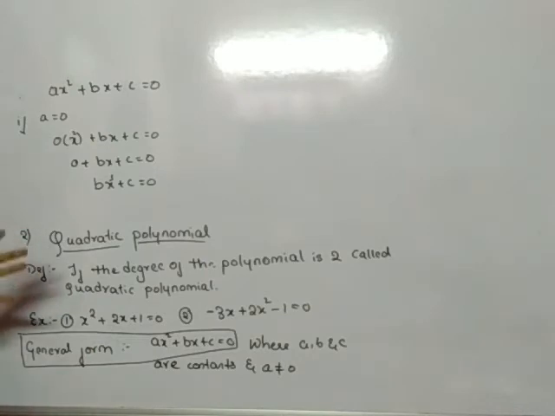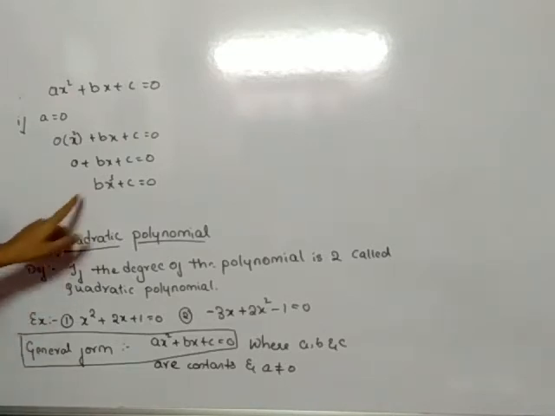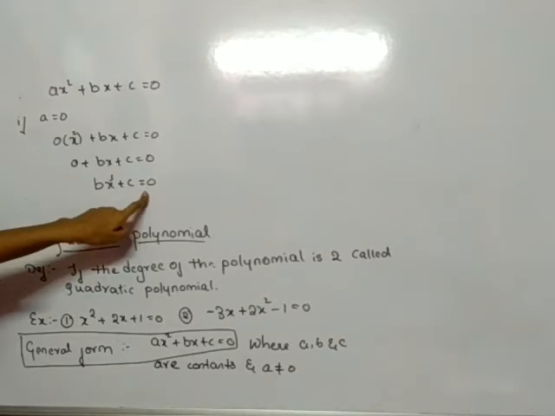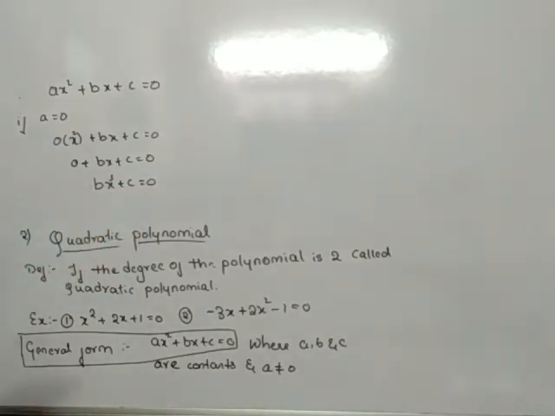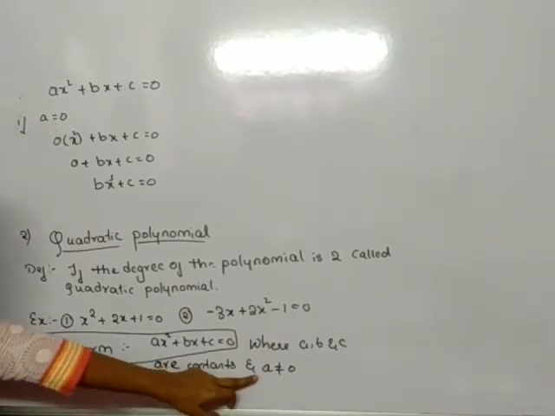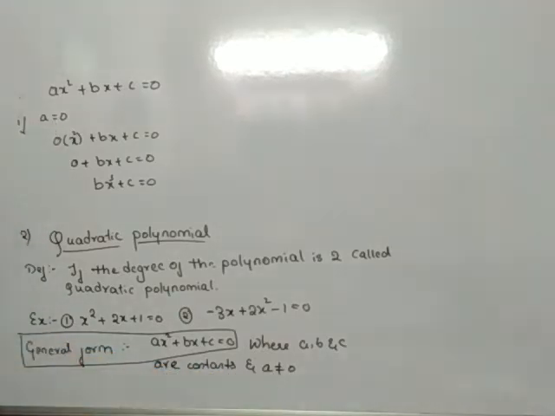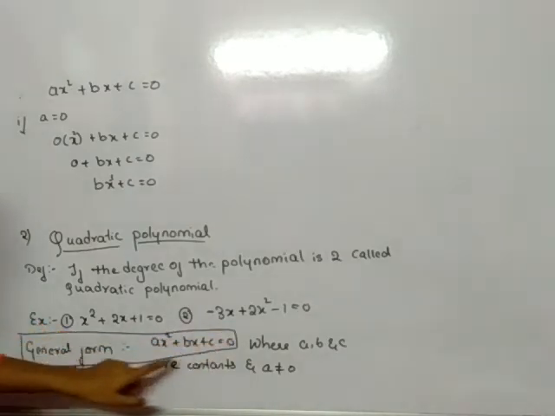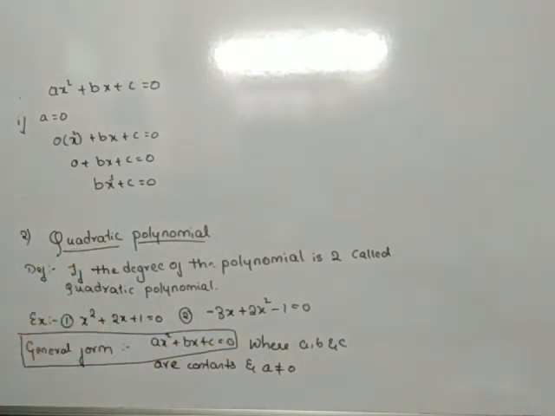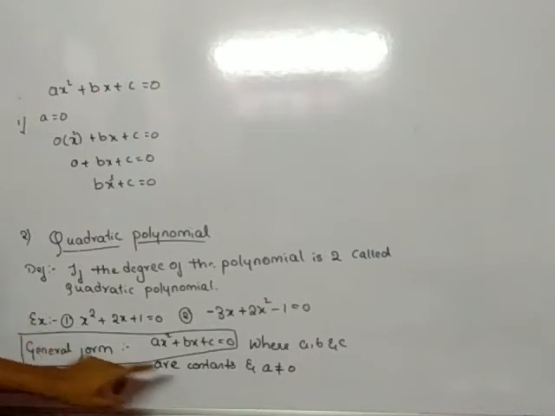If the degree of the variable is 1, then such polynomials are called what? Linear polynomials, isn't it? Yes, we are getting a linear polynomial when a becomes 0. So we have given the condition a must not equal 0; only then is it called a quadratic polynomial, right? I think again this point is clear to you all.